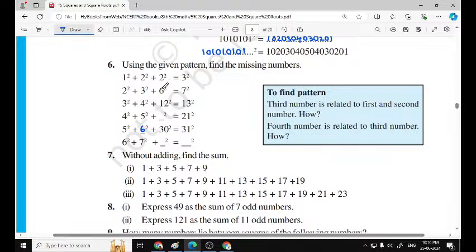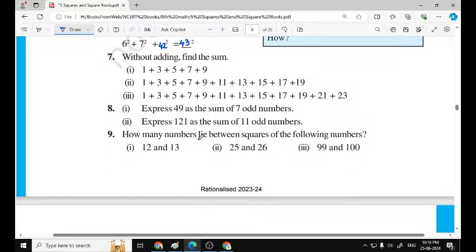Okay, this is: 2 ones are 2, 3 twos are 6, 4 threes are 12, 5 fours are 20, 6 fives are 30, 7 sixes are 42. And this is 3 square, 7 square. This difference is 4, this difference is 6, this difference is 8, 10, 12. So this is 43 square.